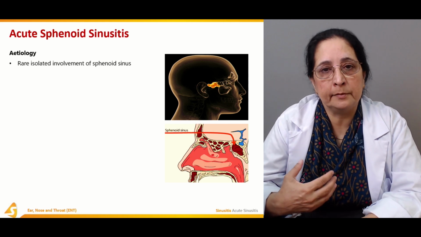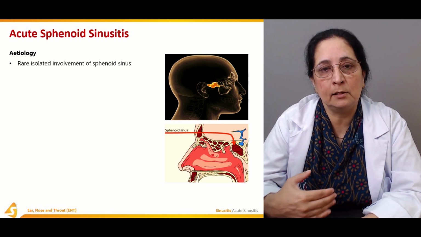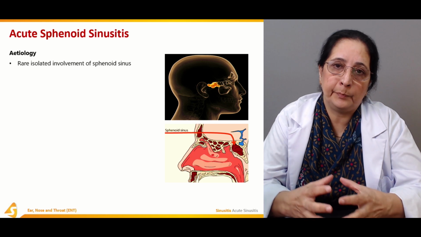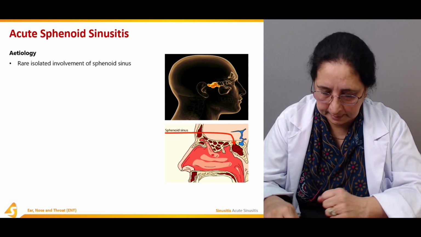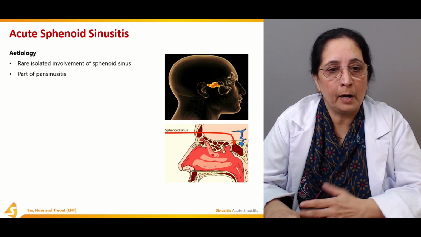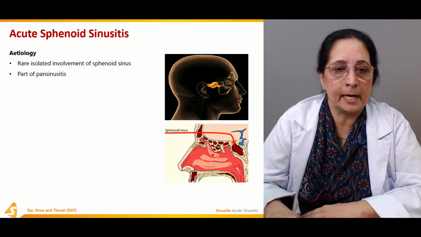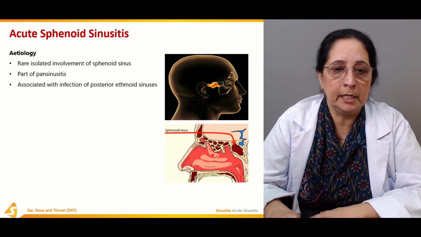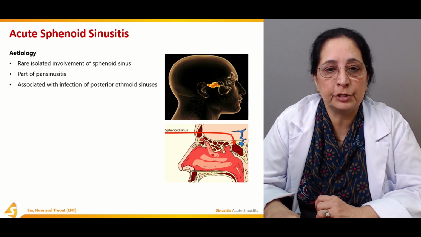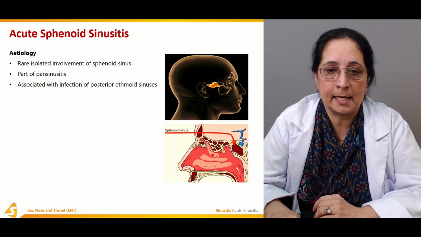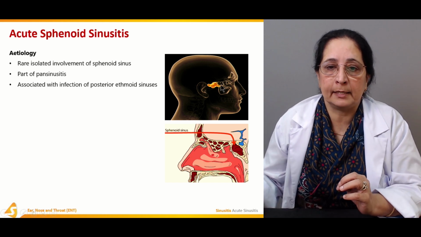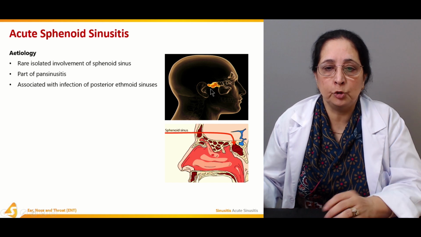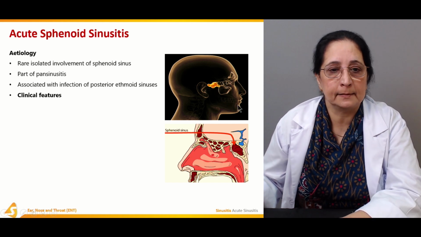The sphenoid sinus is mainly affected as a result of infection that spreads from the frontal sinus and the maxillary sinus. It is part of pansinusitis associated with infection of posterior ethmoid sinuses. So when posterior ethmoid sinuses are affected, it can spread to the sphenoid sinus.